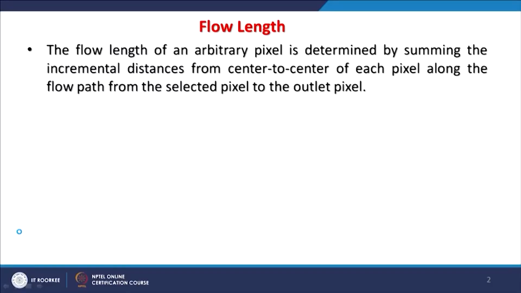Now the next output or derivative which we derive through surface hydrologic modeling is called the flow length. Flow length is basically an arbitrary pixel value determined by summing the incremental distance from the center to the center of each pixel, or each cell, because here we are using a digital elevation model, so instead of pixel you can use the word cell more appropriately, along the flow path.